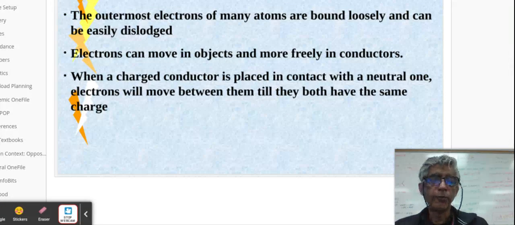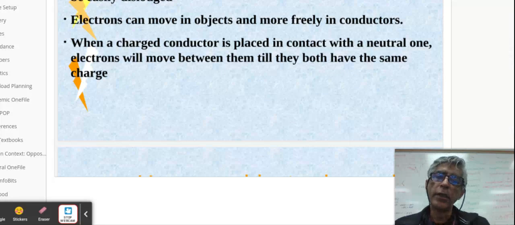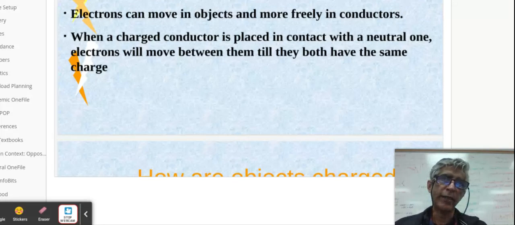So the electrons can move more freely in conductors and not the same in insulators. If I take two conductors and one has, say, plus 20 charges, and I touch them both together, the other one is neutral, they'll both divide all the charges till they both have 20 charges.